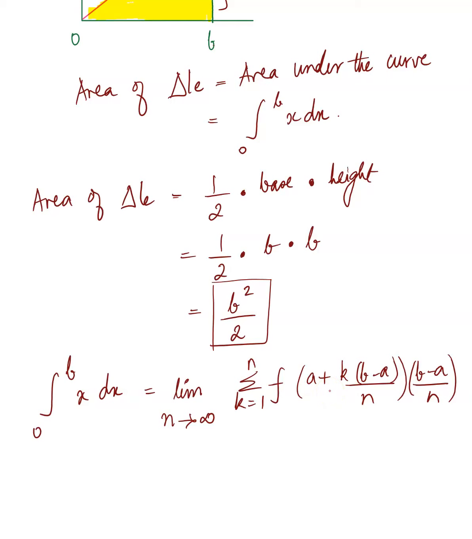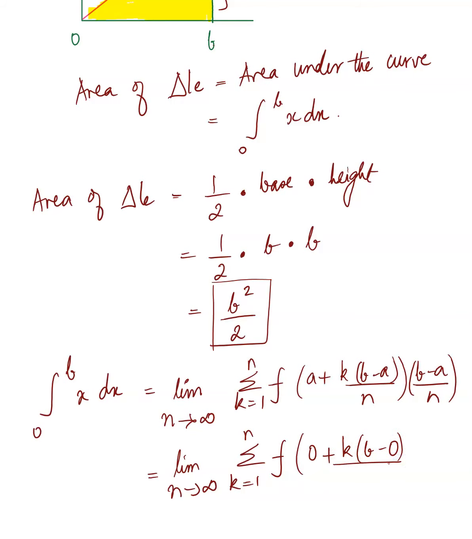Doesn't matter what method we use because we're just using the a, the k, and the b. So that's limit n approaches infinity, summation k, 1 to n, f of a, the starting point a is 0, plus k times b minus 0 over n.